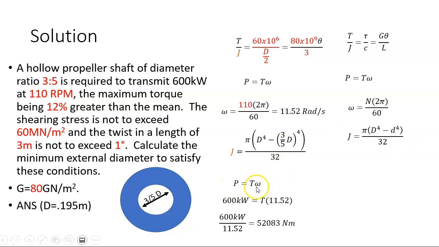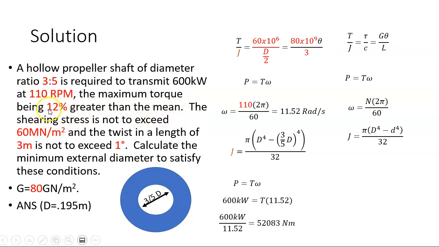Power is torque times omega, so we were told that power was 600 kilowatts, and we have omega as 11.52 radians per second. So I can rearrange that and get a value for the torque. So the torque is 52,083 Newton meters. So that would be the mean torque.